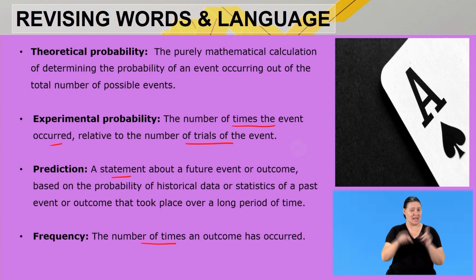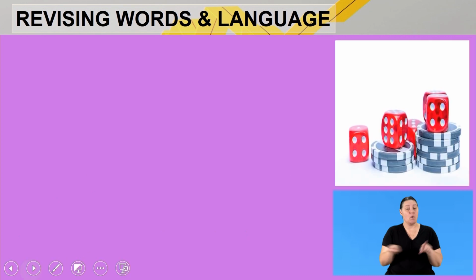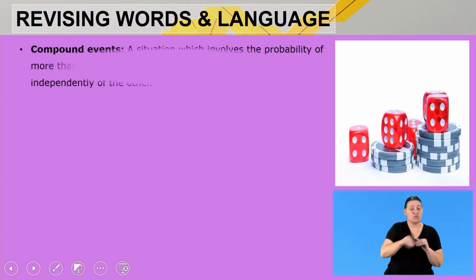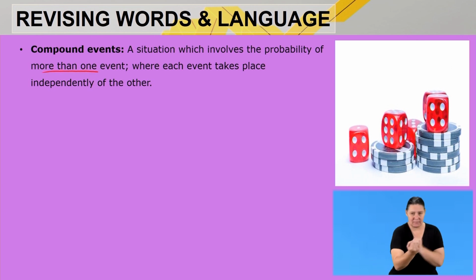You'll see how important this is, especially when we're going to deal with theoretical and experimental probability. Also important is that a compound event is a situation which involves the probability of more than one event, right? So important to note, it's more than one event, where each event takes place independently of the other.